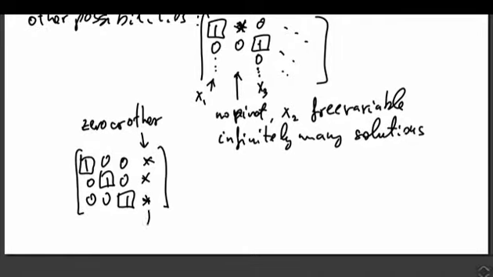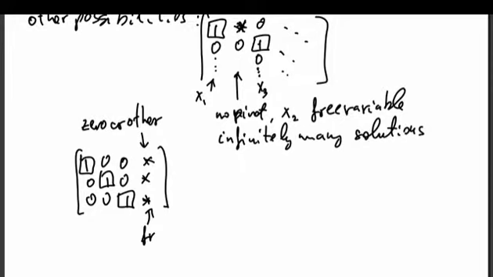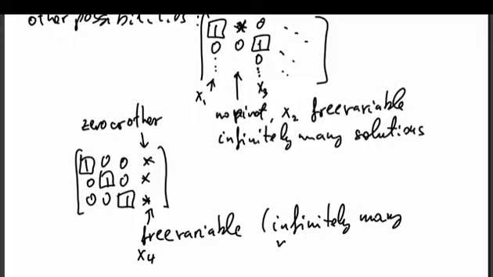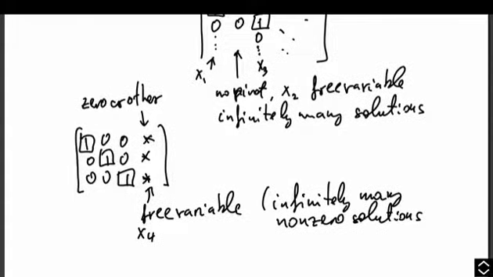So in this case, this is also a free variable, no matter what those numbers are. That's right now x4, the 4th column. Again, we have infinitely many solutions, and they are non-zero. For example, this is always the case, or something like this always comes up.